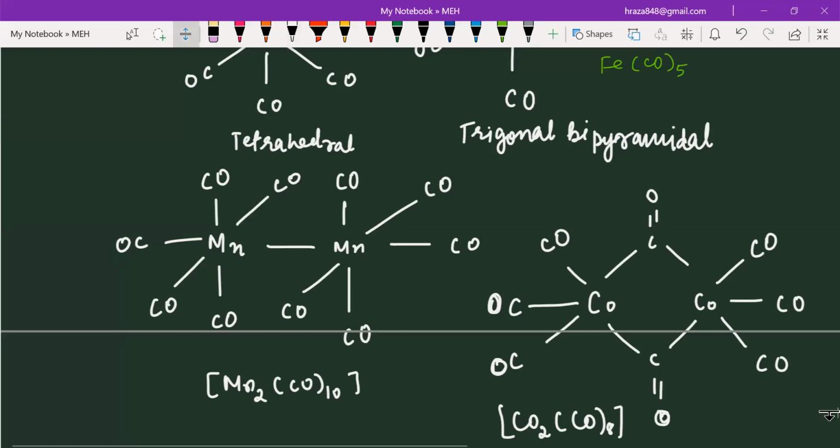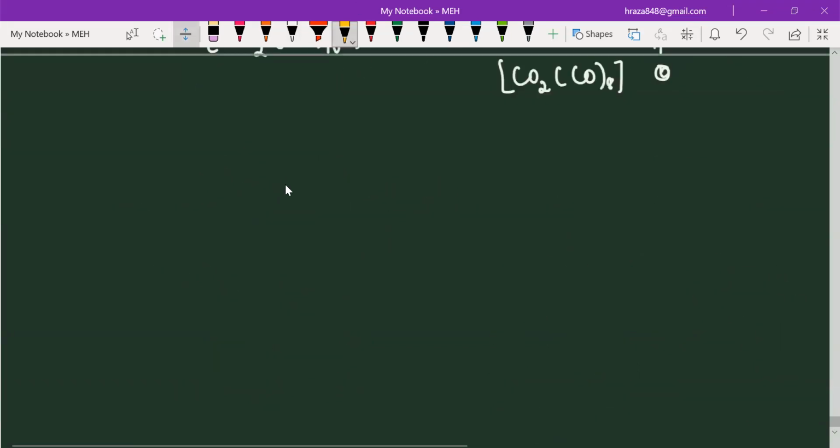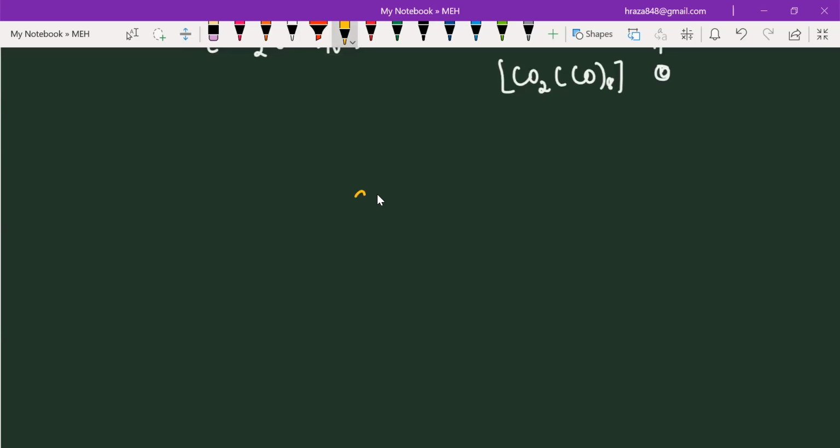Now I'm going to show you the bonding in carbonyl compounds, which is very easy and important too. So this is the bonding in carbonyl, orbitals like this.